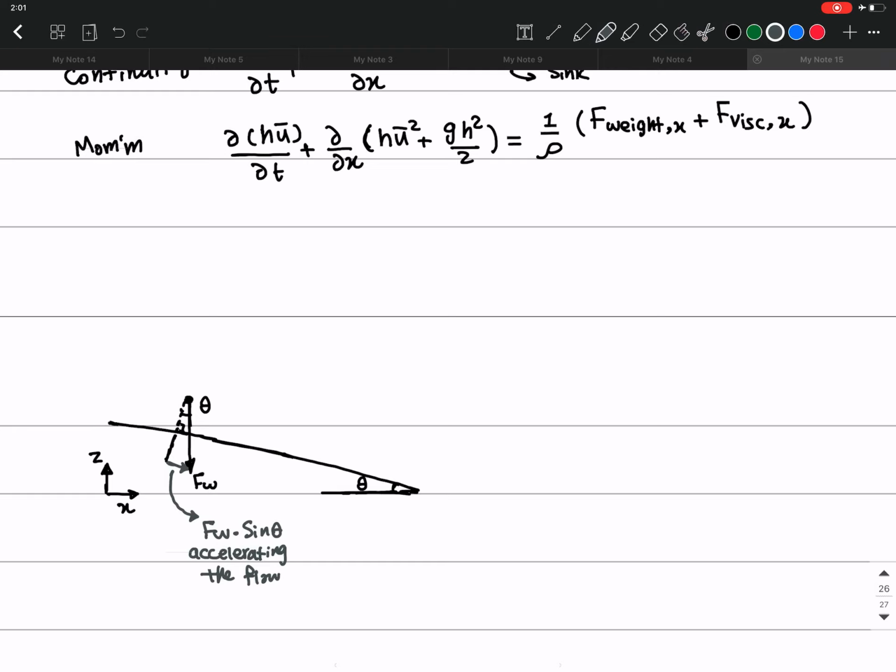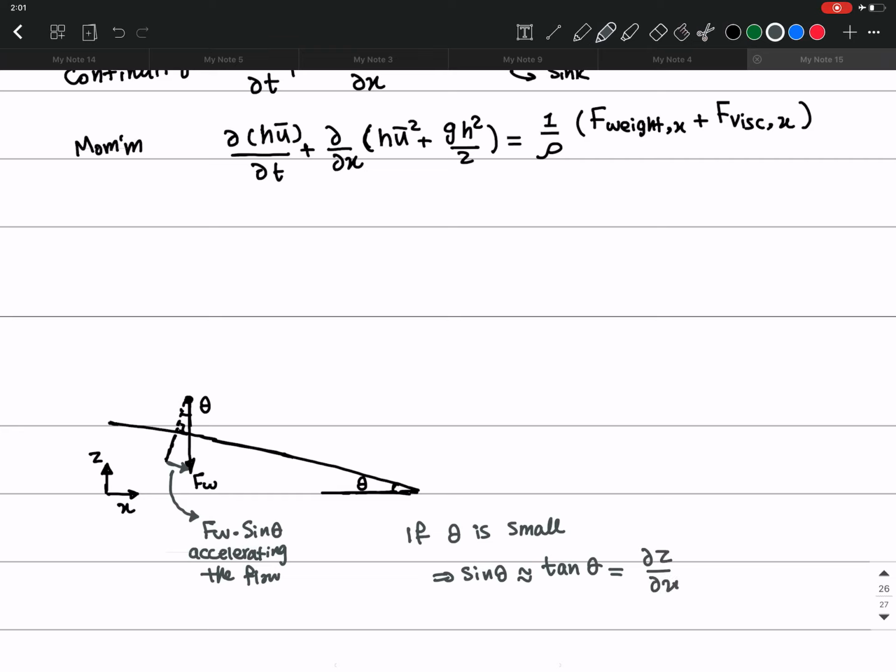And because I can assume a gentle slope, so like the slope is not too much, so if theta is small, we can assume that sine theta is almost equal to tangent of theta. Okay, and what is the tangent of theta here? You can say it is partial z over partial x, right?